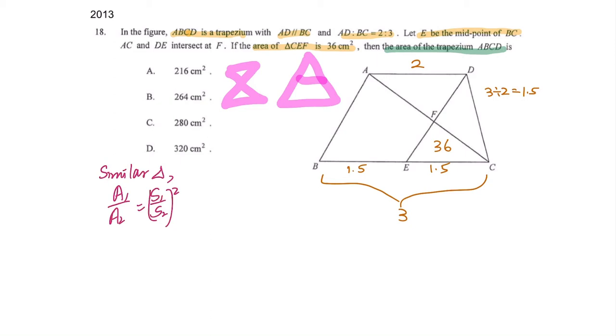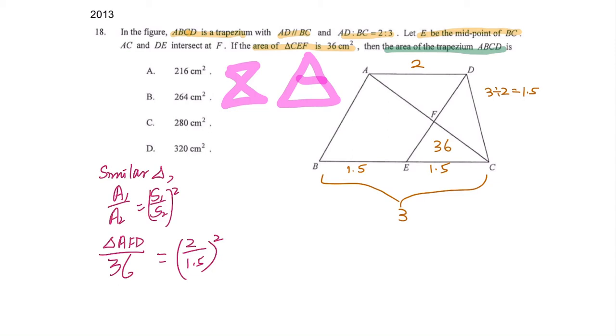So let's write it. Area of AFD over area of CFE is the sides. AFD side is 2, this one is 1.5, and they gave us square. And then CFE, we already know it is 36. And then next step, please just use a calculator.